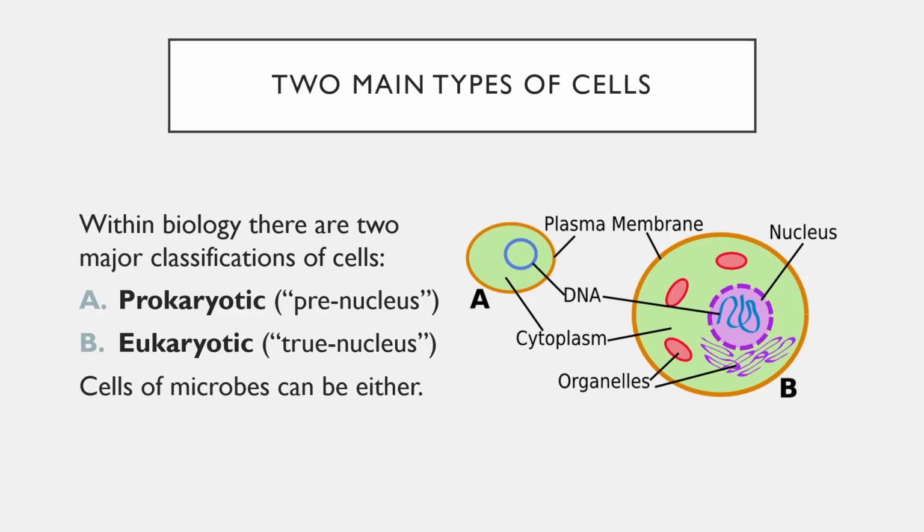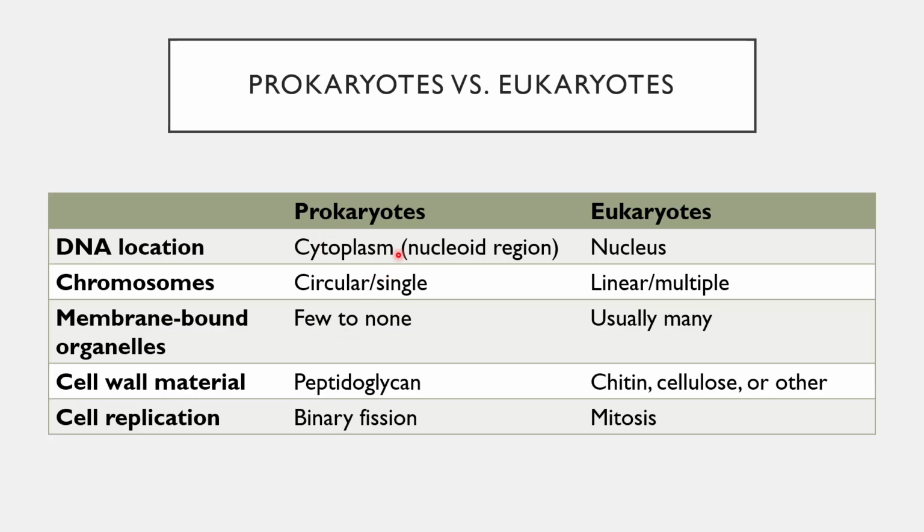Before we move further, I'm going to briefly summarize the other differences between prokaryotic and eukaryotic cells that you've learned previously. Because the presence versus absence of a nucleus is not the only difference between prokaryotes and eukaryotes. While it is true that in prokaryotes, DNA is located in the cytoplasm, specifically the nucleoid region, and the eukaryotes have their DNA stored in a nucleus, there are many other differences as well.